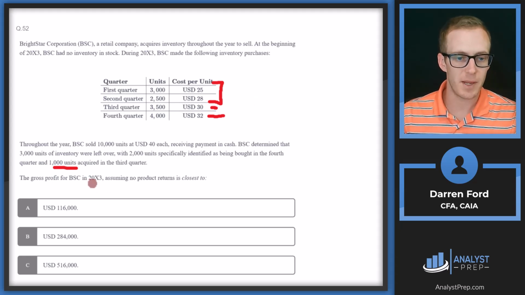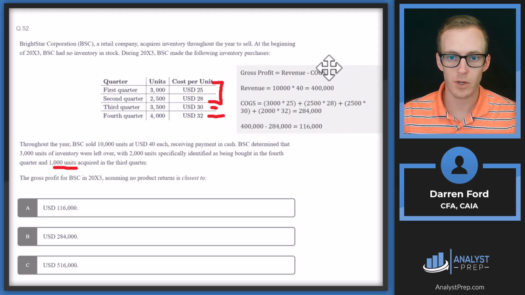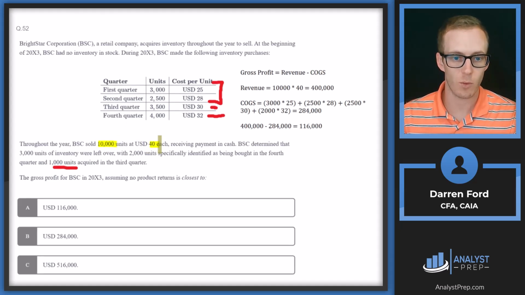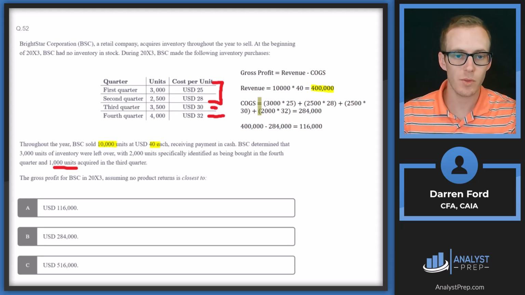The gross profit for BSC in 2023, assuming no product returns, is closest to. So we're going to need to calculate our revenue and cost of goods sold. Revenue will be straightforward. It's just going to be this 10,000 multiplied by 40 gives us 400,000 revenue. Cost of goods sold then, when you add all of these up, you get 13,000 units.